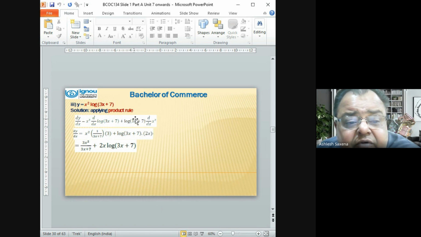Keep one thing in mind, don't differentiate over here, you have to differentiate this part. So your solution will be x square into 3 upon 3x plus 1, plus 2x log of 3x plus 7. This is your solution.